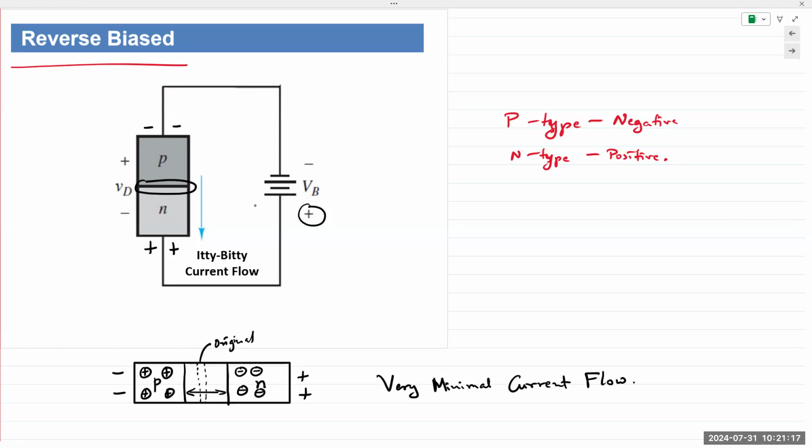And again, when we state here that the p-type material is negative, it does not mean it's absolutely negative or positive, but negative and positive in relation to the other side of the junction, meaning the p and n-type material.